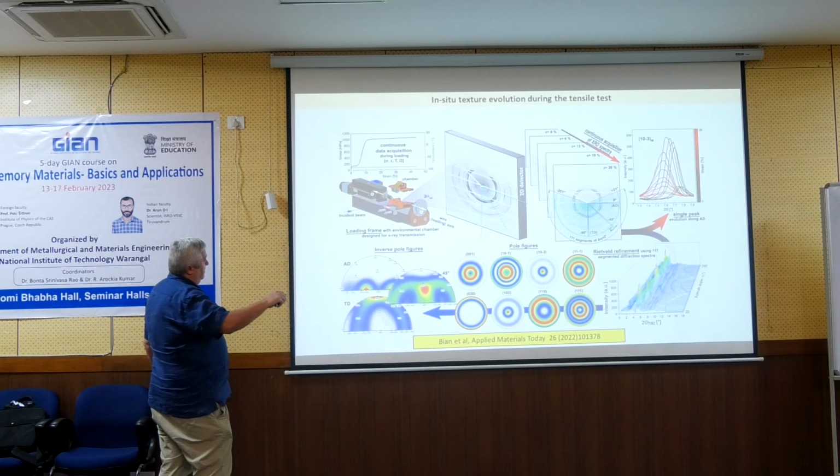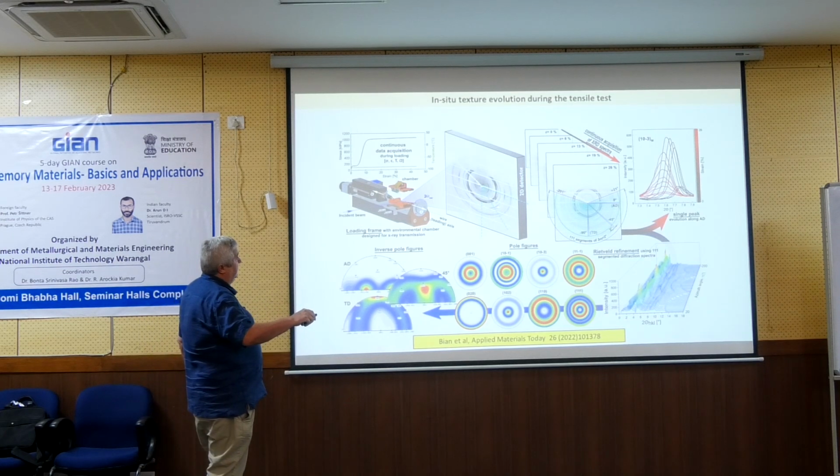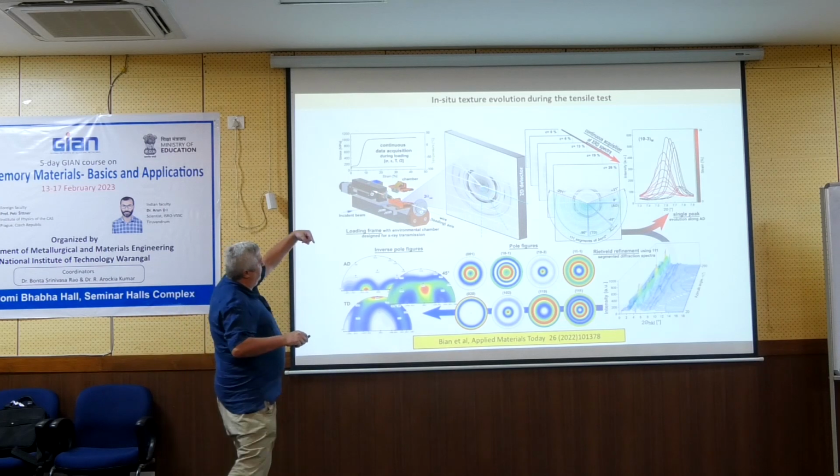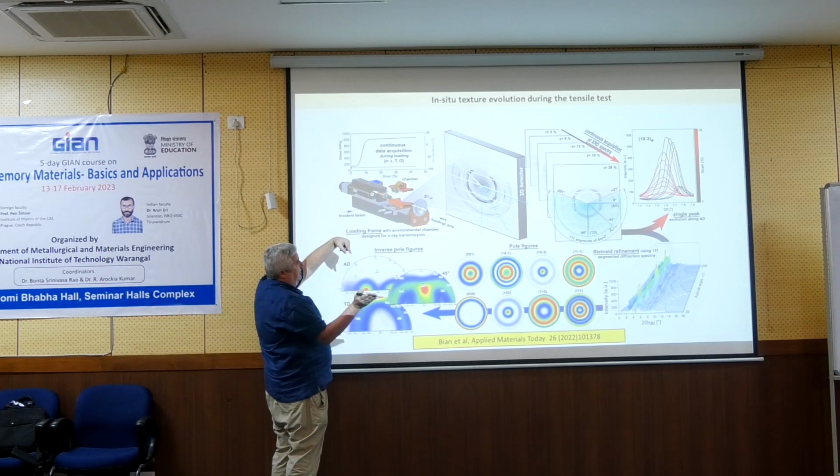and we deform. There is the wire, and we deform it and record such a 2D diffraction pattern. We can obtain the distribution of the diffracted intensity. So if this is the wire direction, all these directions correspond to different angles.